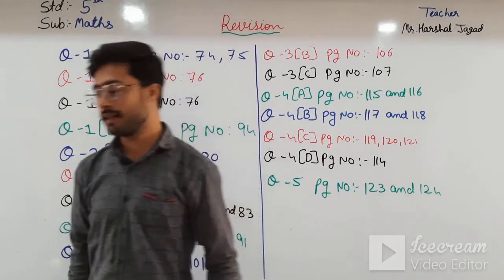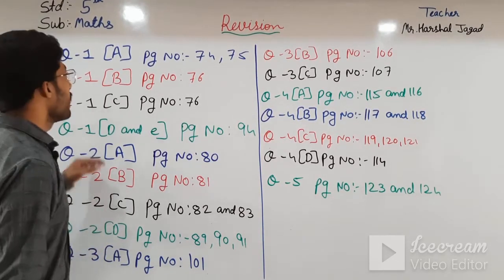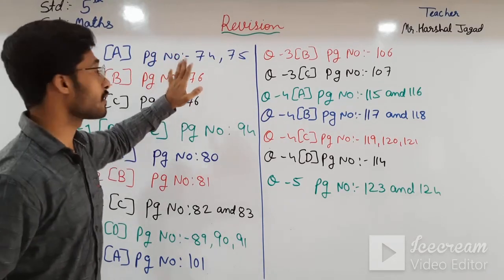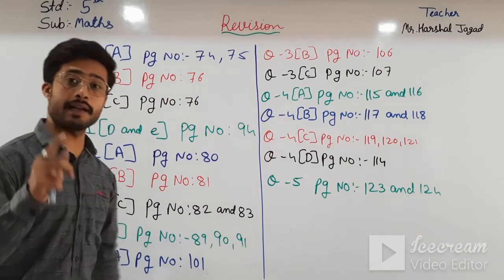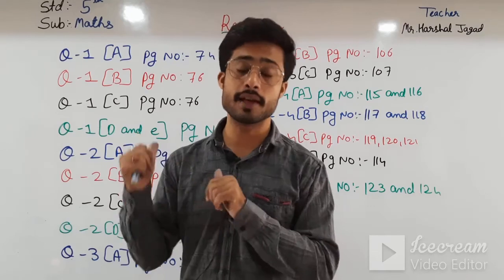Okay students, now moving further, but now all these have finished. Okay students, so here you can see we are just revising it again. For question 1a, it can be asked as 74 and 75. Question 1b, I am telling I have just changed some of the values of the questions.